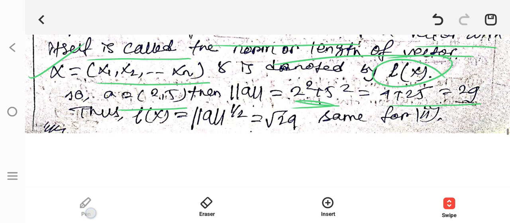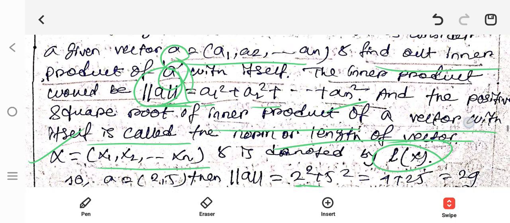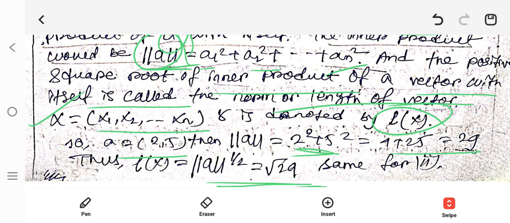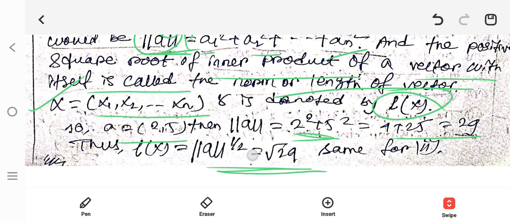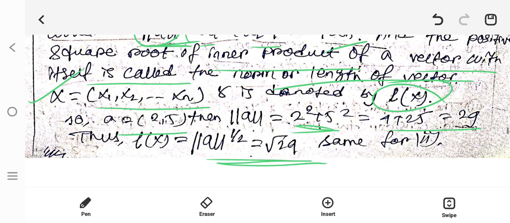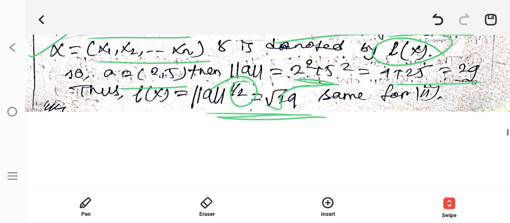Thus the length of the vector will be root 29. The inner product of that vector to the power 1 by 2 means the square root of that number.